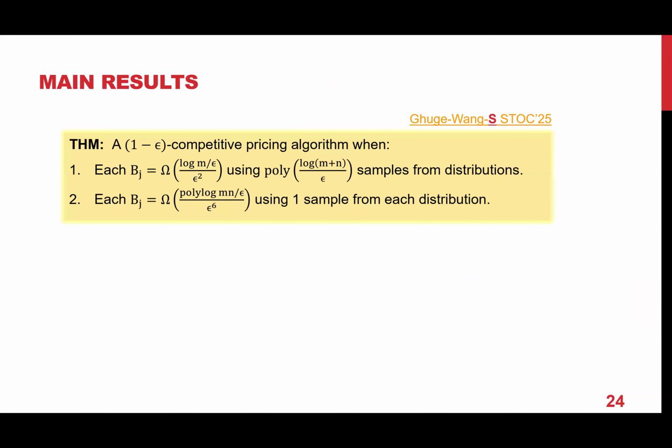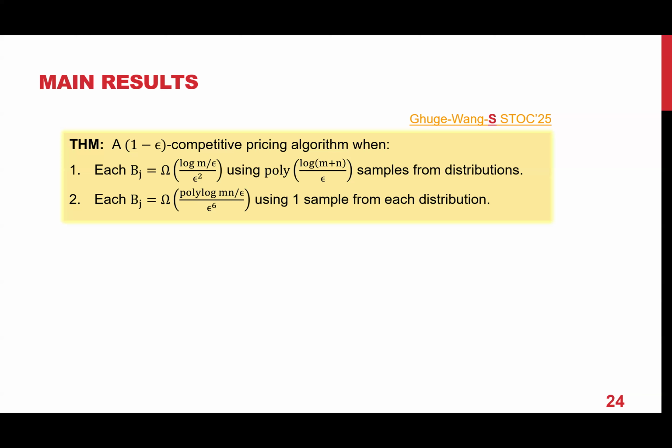This is a result that appeared just last week at STOC, with some students. We showed you can get a 1 minus epsilon competitive algorithm even for non-identical distributions, as long as each budget is again like some log over epsilon squared or something like this. So either you give me a polylogarithmic number of samples from each distribution, and then I can get you exactly this. Or it turns out even one sample from each distribution suffices.